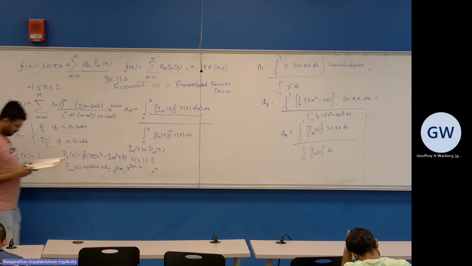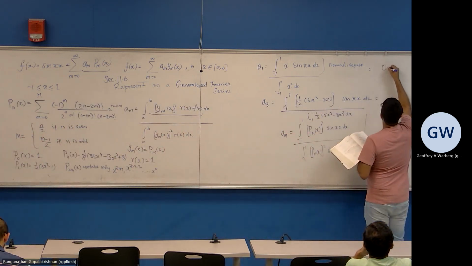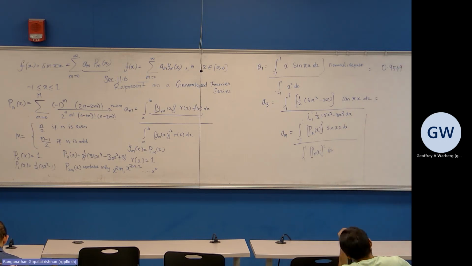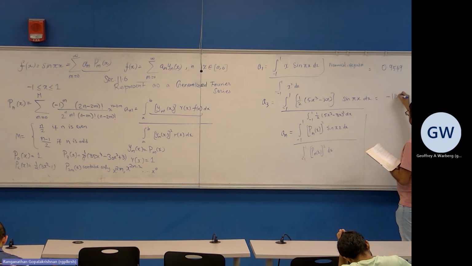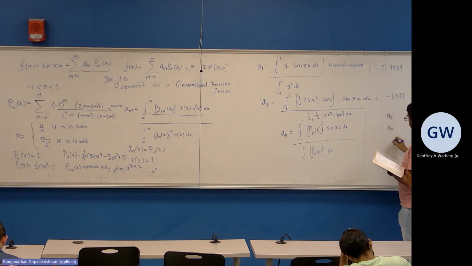A1 happens to be 0.9549, and A3 happens to be minus 1.1582. And you can compute others and verify A5, A7, and so on. This is on pages 505 and 506.